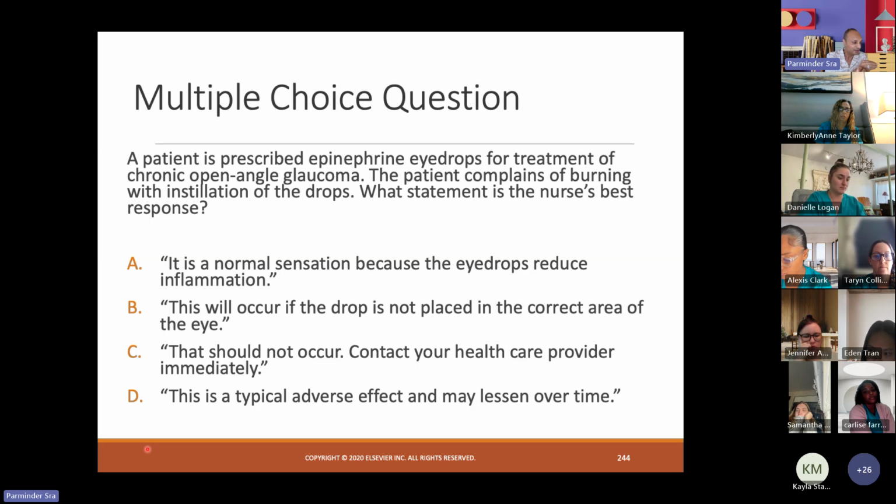That's not a requirement, right? That's not related. So yes, it is normal, usual. So D is the correct choice here. It's a typical adverse effect, not concerning, and usually it will go away with a few times of use. So D is the correct choice. It's not related to the inflammation part.